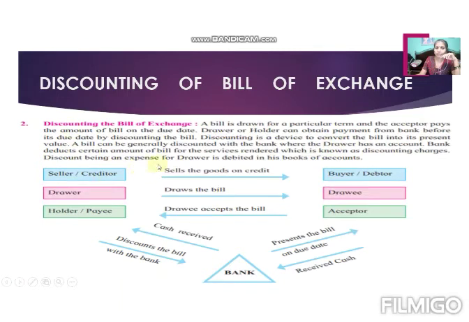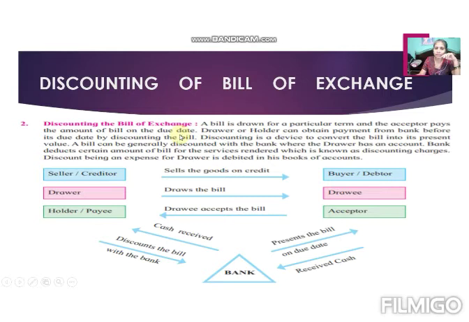The bank deducts a certain amount from the bill. Suppose the bill is of rupees 5,000. Then the bank will not give you the full 5,000. The bank cuts some amount as a discount or service charge rendered, which is known as discounting charges. This discount is an expense for the drawer because he is getting less amount. For example, suppose the discount is 200.